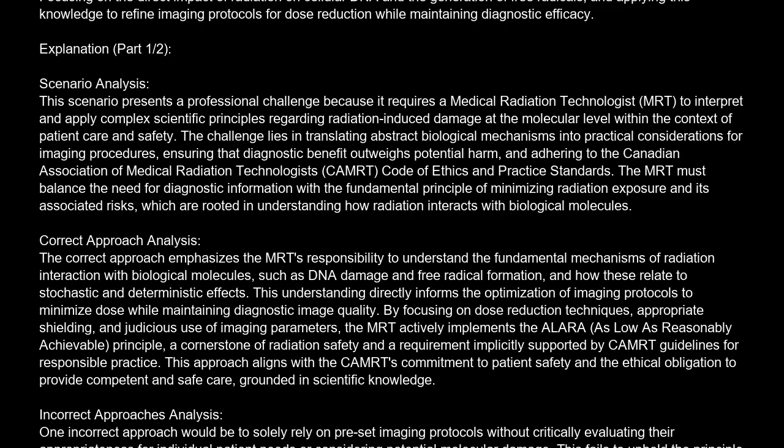Incorrect approaches analysis. One incorrect approach would be to solely rely on preset imaging protocols without critically evaluating their appropriateness for individual patient needs or considering potential molecular damage. This fails to uphold the principle of dose optimization and patient-specific care, potentially leading to unnecessary radiation exposure and increased risk of radiation-induced damage.